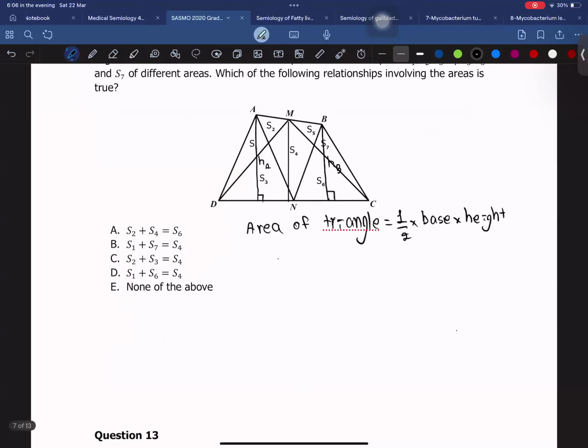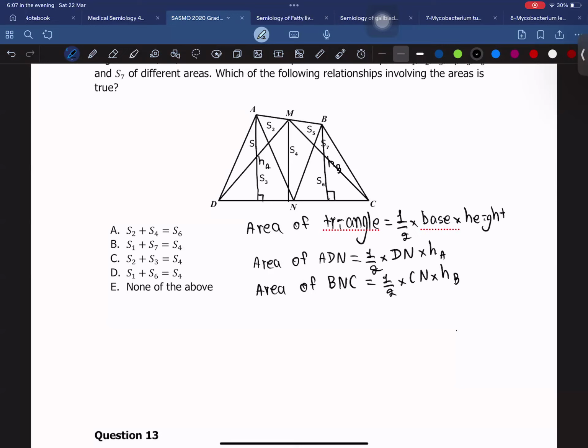So in here we have the height as HA. So the area of ADN is equal to 1/2 times base. What is the base of it? The base of it is DN, and the height of it is HA that we let it be. So the area of BNC is equal to 1/2 times CN times HB. That's what we let it be earlier.